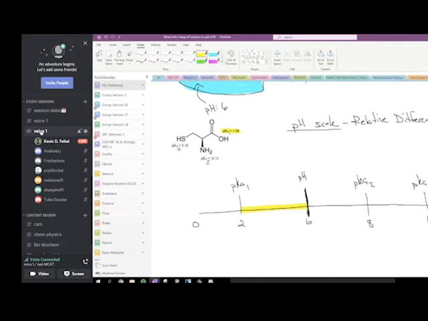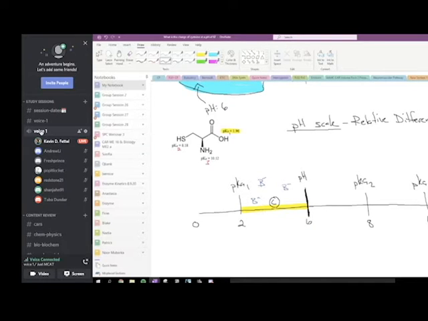It's more basic, surrounded by a basic environment by 4 orders. So that means relatively it would experience a lot of base around it.